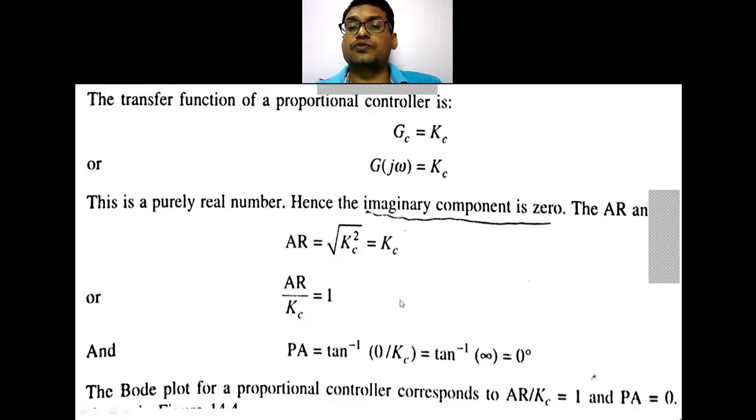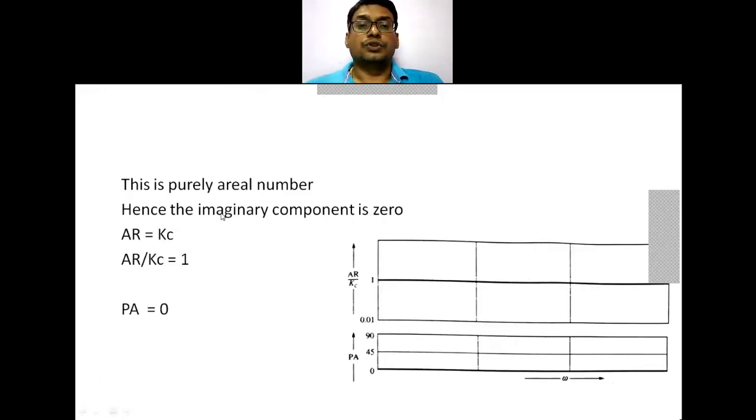So first we will plot the amplitude ratio upon Kc, which is equal to 1. So it is the amplitude ratio upon Kc against omega, that will be a straight line passing through 1. And what happens to the phase angle?